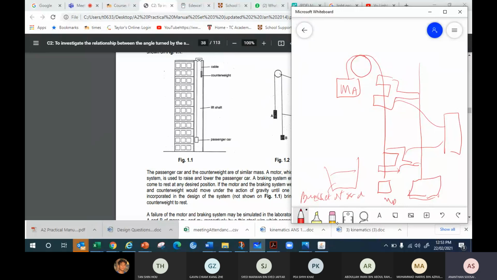Maybe the height you can measure by putting a ruler at the back, or you can put a ruler at the side here, to measure the height it was dropped and raised. Yeah, a rough sketch.